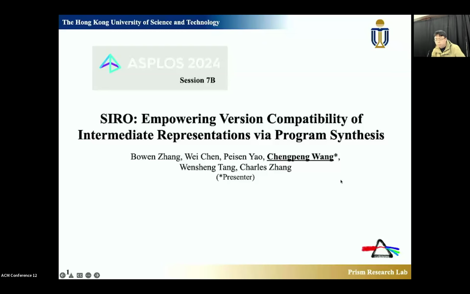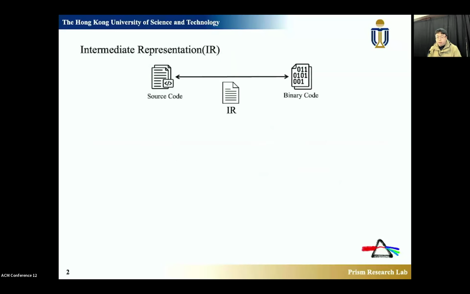Hello everyone, I'm Chenpeng Wang. I'm presenting our work, Empowering Version Compilability of Intermediate Representations while Program Synthesis. Intermediate representation is a middle-level representation of programs that bridges the source code and the binary code.